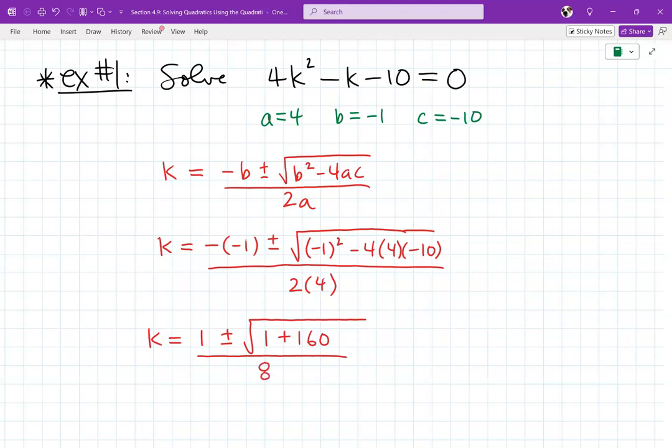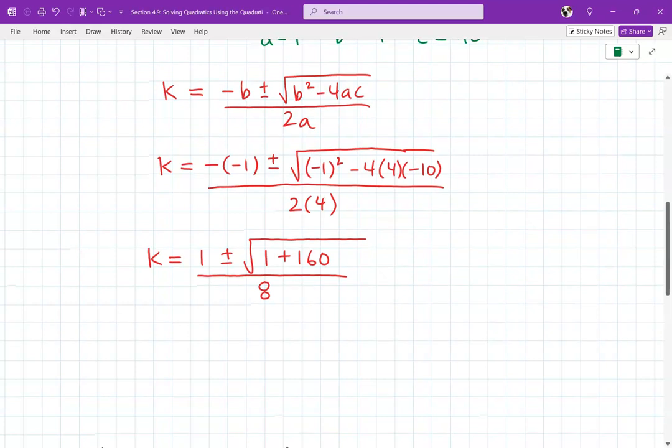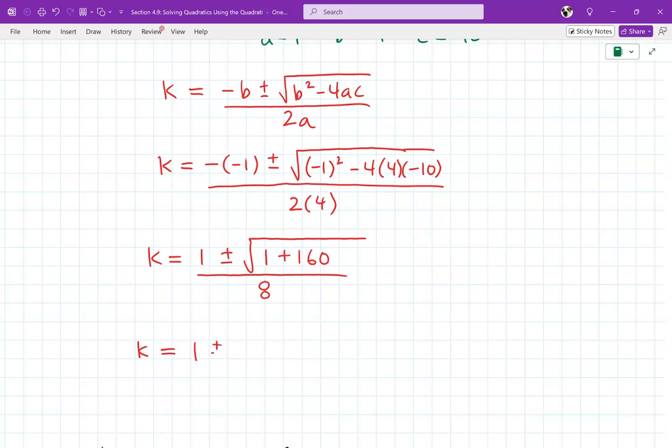Again, that's where the calculator helps you. In case you can't do that in your head, just type in negative 4 times negative 10, and this will give you your positive 160.